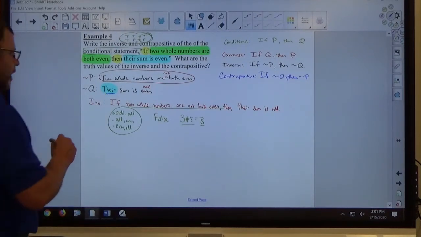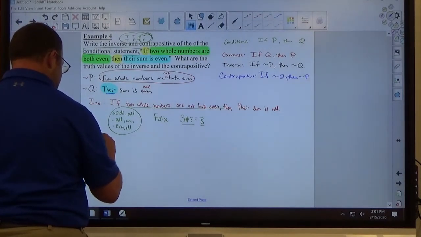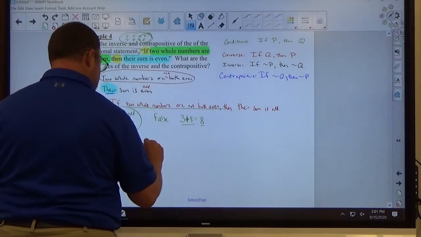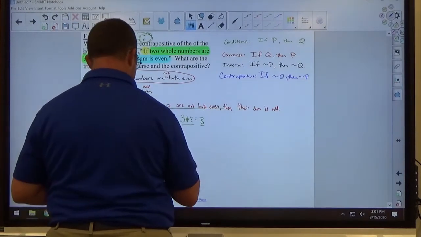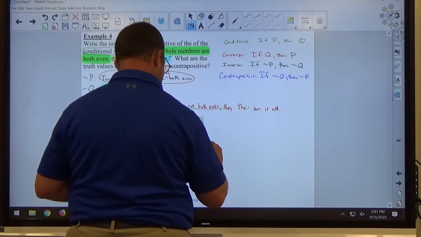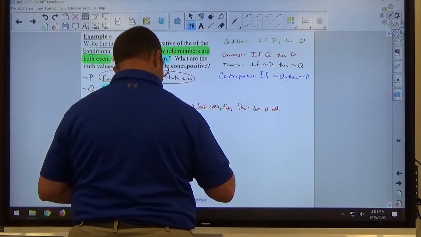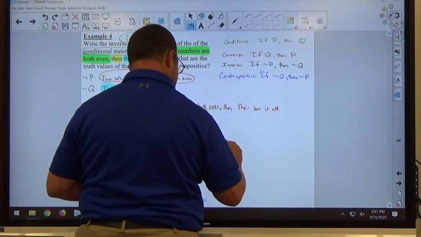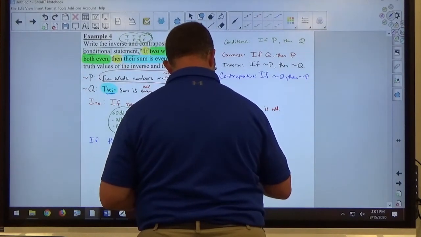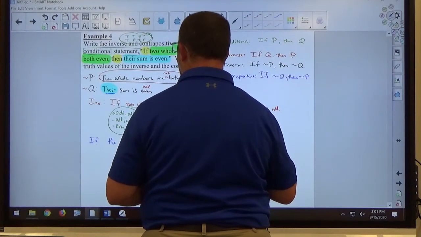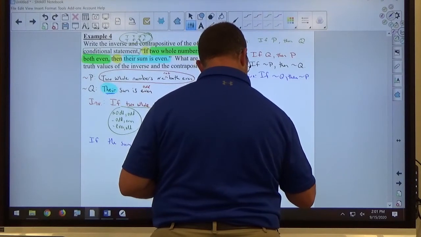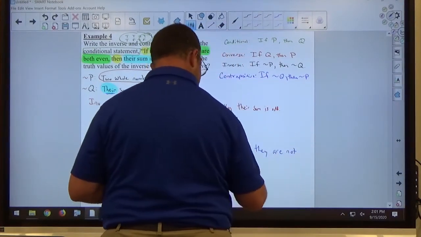So I'm going to say, if the sum of two whole numbers is odd, then they are not both even.